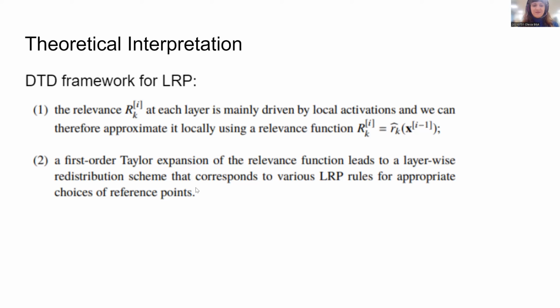DTD uses Taylor expansions not to attribute directly the network output to its input, but at each layer to attribute the relevance scores to the neurons in the layer just below. So it provides relevance transition between the neurons of the two consecutive layers using the approximation of the relevance locally.